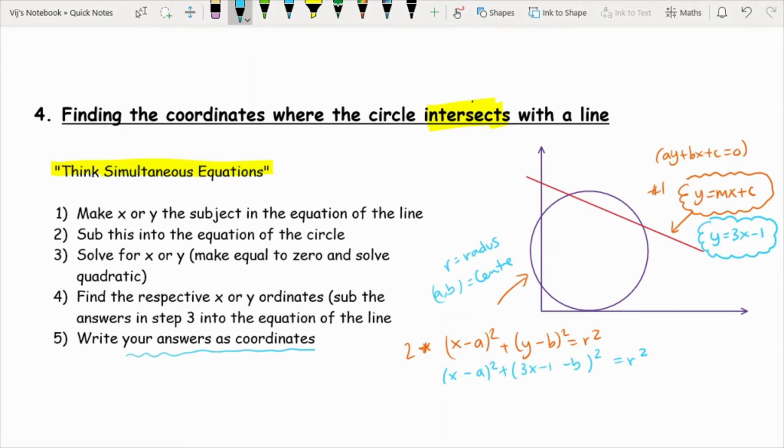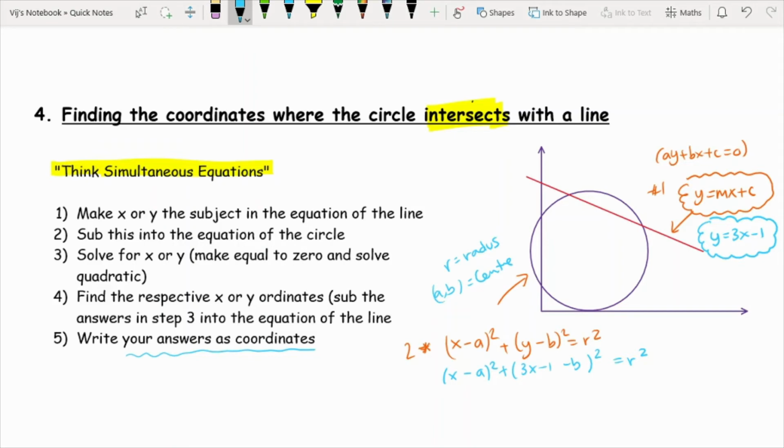Now going through this again, it's linked with discriminants, so a question might ask you to not only find the intersection points between a line and a circle, it may ask you to show that the line is a tangent. You might go for the complete opposite, in which you show that a line does not intercept with a circle.